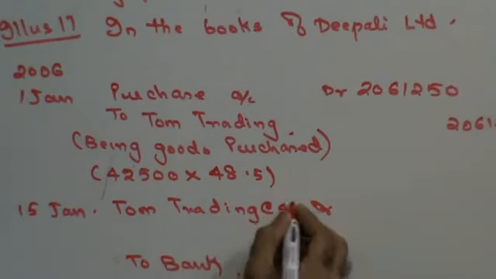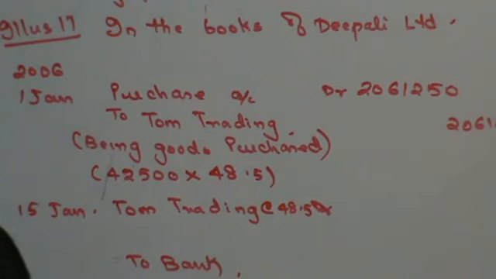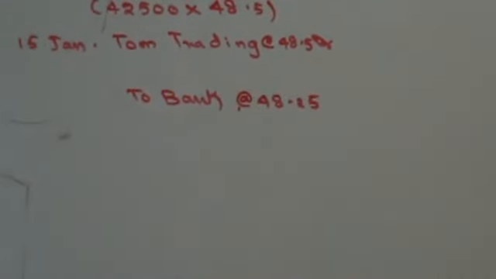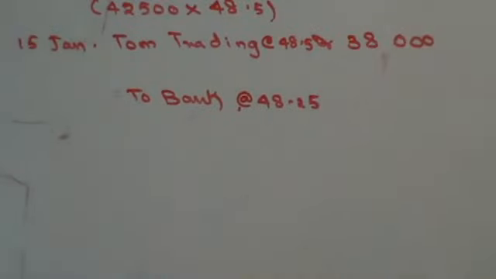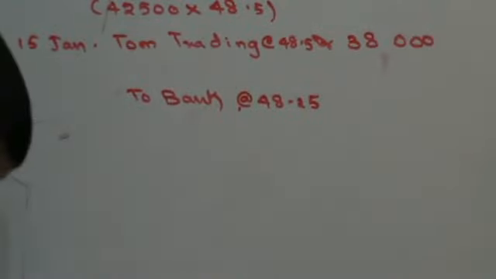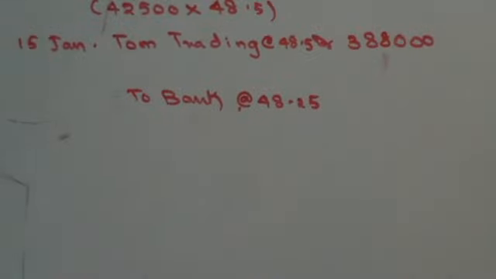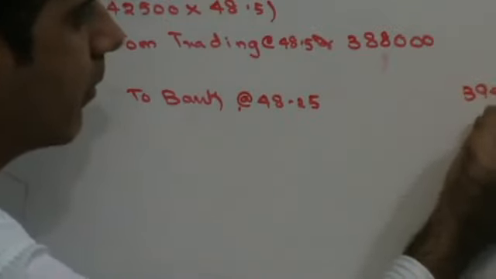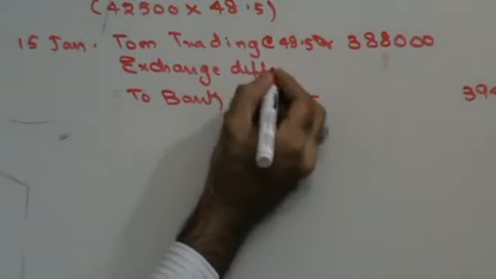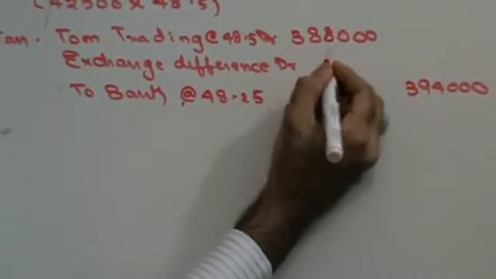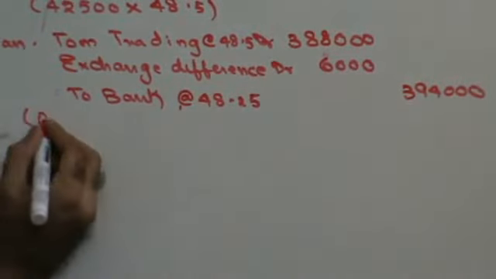You had bought at the rate of 48.5, and on that date it is 48.25. 8,000 into 48.5 is 3 lakh 88,000, and then that is 3 lakh 94,000. The difference will be exchange difference, 6,000, being payment made.